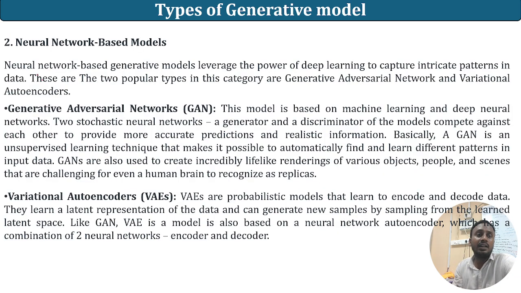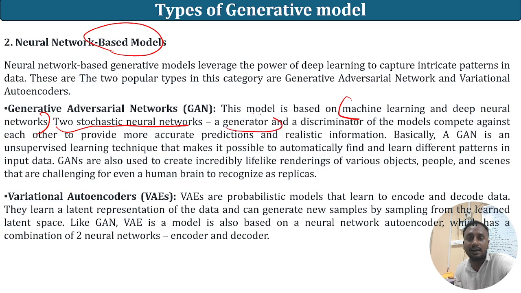Then what we have are neural network based models. The first one is the generative adversarial network. Based on machine learning and deep learning, it has two stochastic neural networks, a generator and a discriminator, that compete against each other to provide more accurate predictions and realistic information.